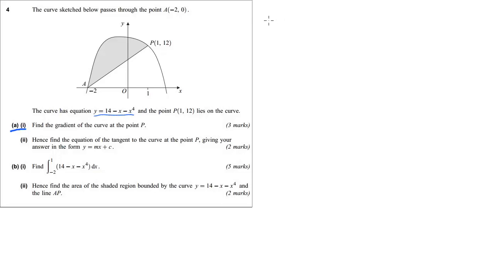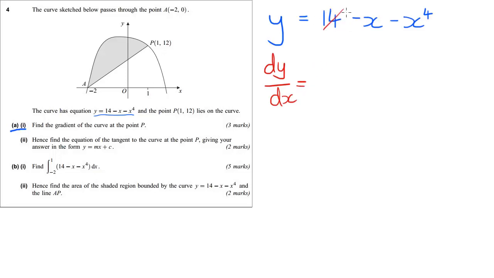Here we get given our equation. So y is equal to 14 minus x to the 4. So let's differentiate that. So the y is going to become dy over dx, and we're going to get 14. That's going to become nothing, so we can just cross that out there.